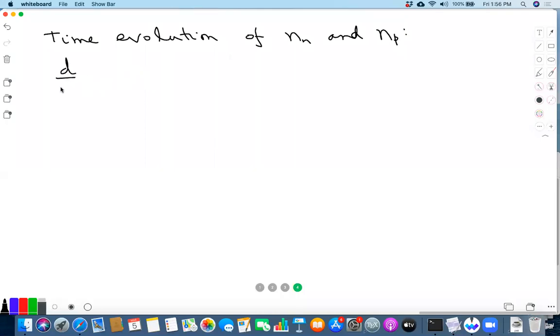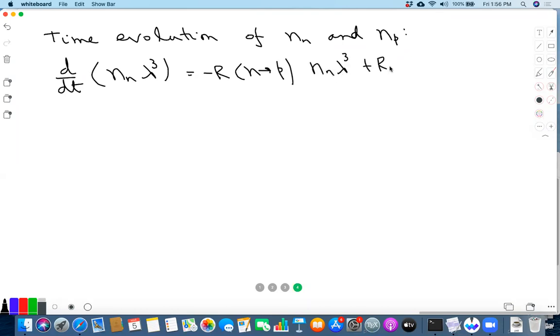So we have d dt of Nn lambda cube is minus R n to p times Nn lambda cube plus R p to n times Np lambda cube. Right?